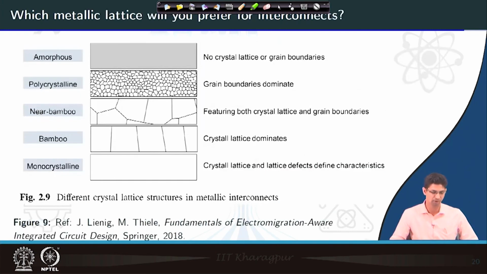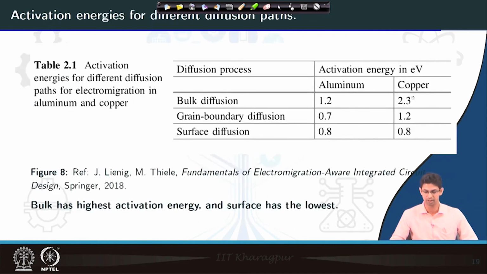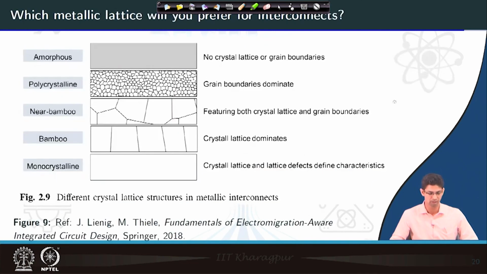If we come back to this, what do you think would be the preferred lattice? We would want a lattice where the activation energy is the highest. For copper, we would want the bulk diffusion to dominate. So, we would want near bamboo or ideally a monocrystalline type of lattice.